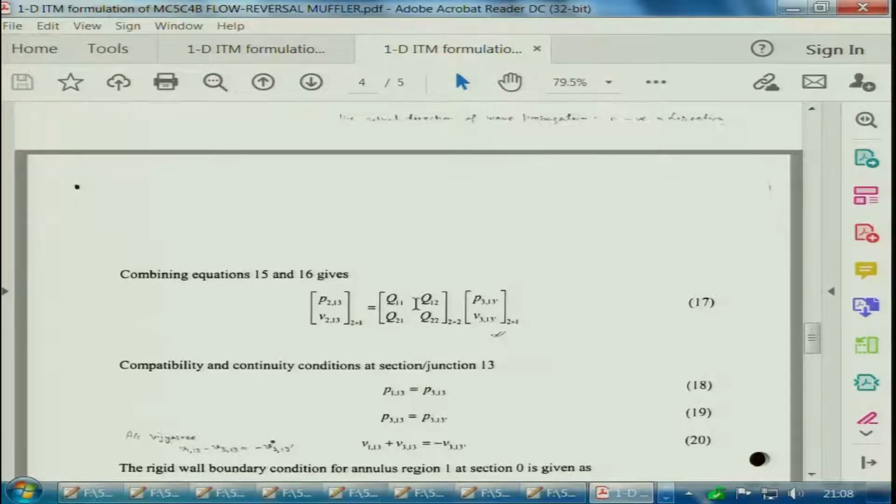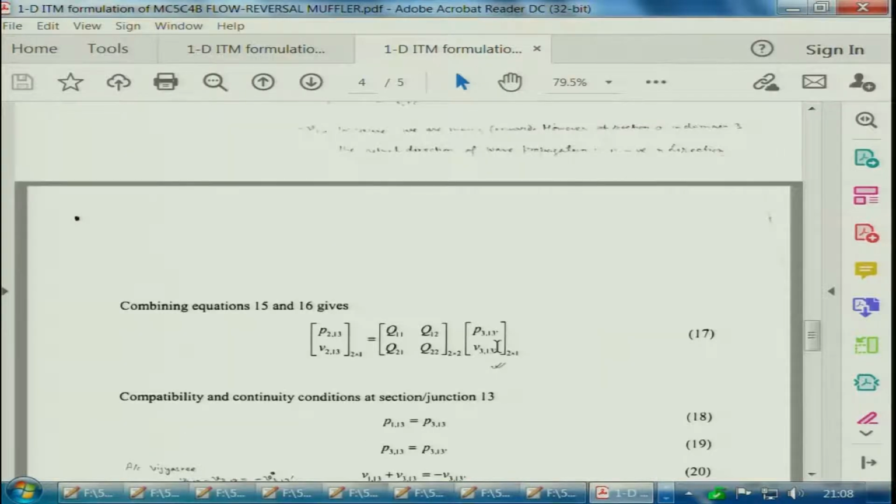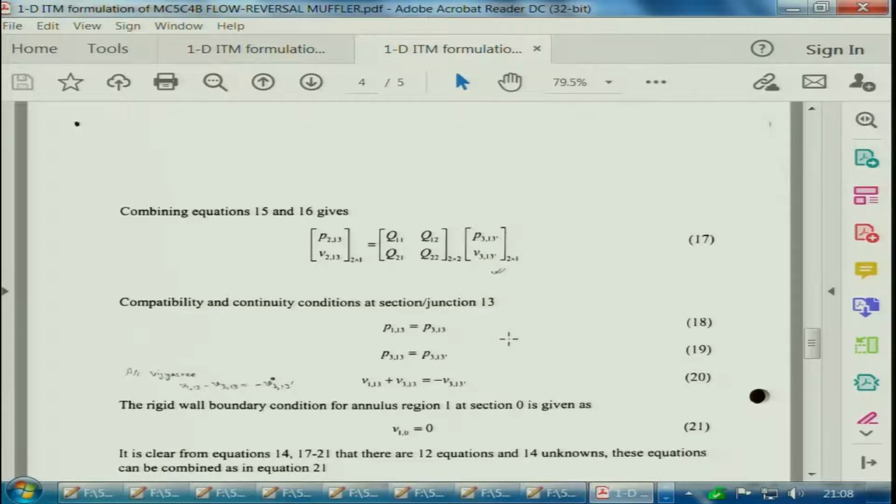V2 13 to P3 13 and V3 13 through this matrix representation, and finally apply the boundary conditions and the junction laws, the compatibility conditions: P1 13 is equal to P3 13, P3 13 is equal to P3 13 dash, and V1 13 and V3 13 is equal to minus V3 13 dash, and at the annular region V10 is 0.